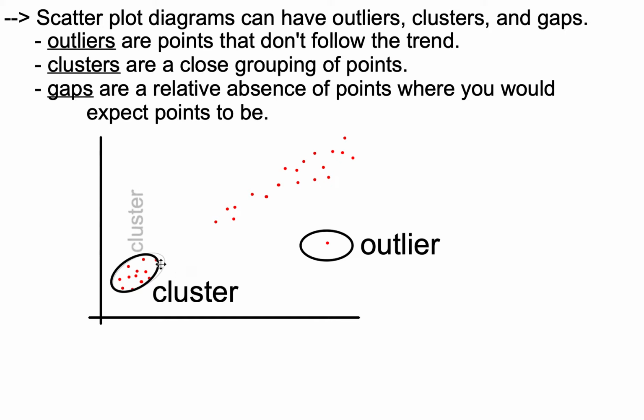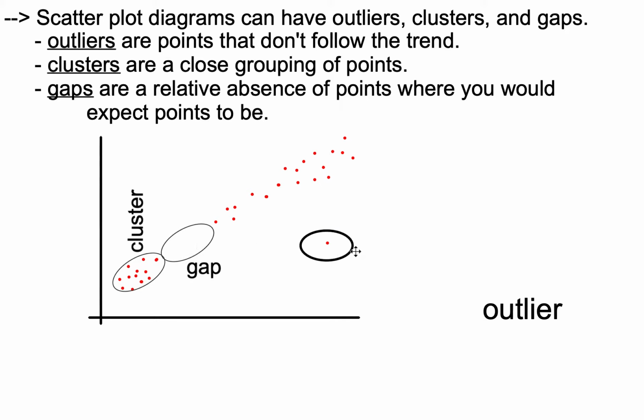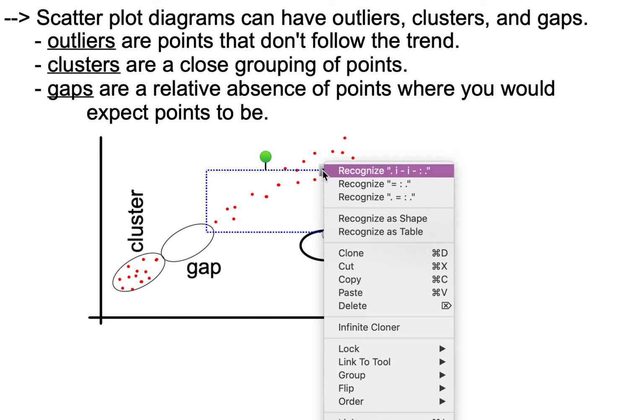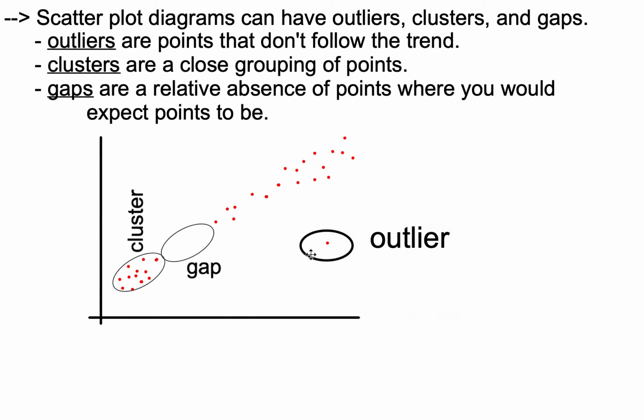And also, oh hey, I already had those labeled. Very nice. Let me get rid of that. And right here, there's a gap. Anyway, that is an outlier. So, good examples of that. Maybe there's some clustering up here. Nope.